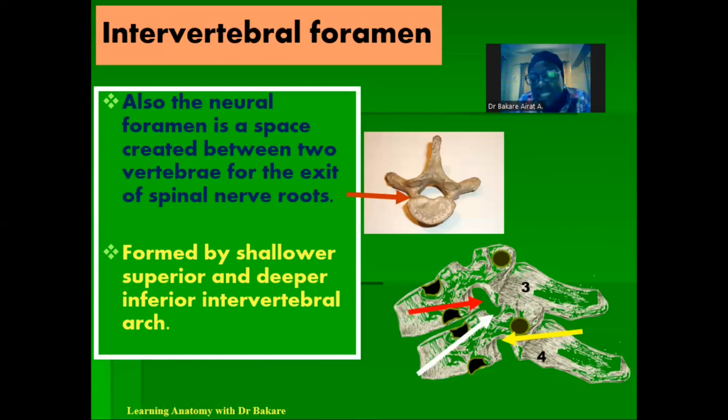And they cannot exit this region except they pass through the intervertebral foramen, because that is the space that is created for this exit. So they pass through this region that is arrowed in this image. And in this lower image, this is also the region that is arrowed red. So they pass through this region to supply the different organs in the body. So that is how we have the exit of the root of the spinal nerves.